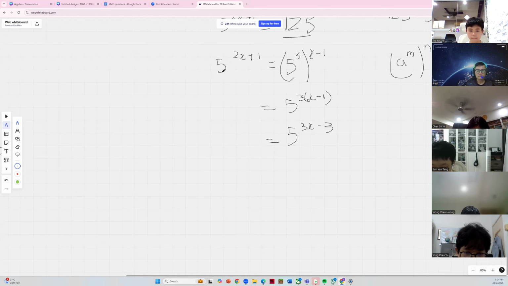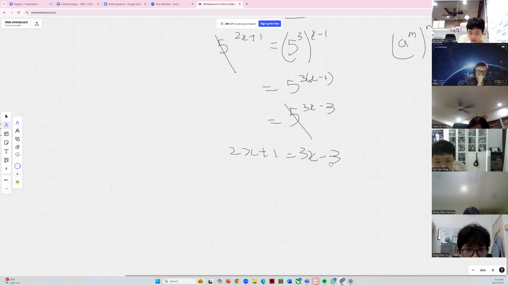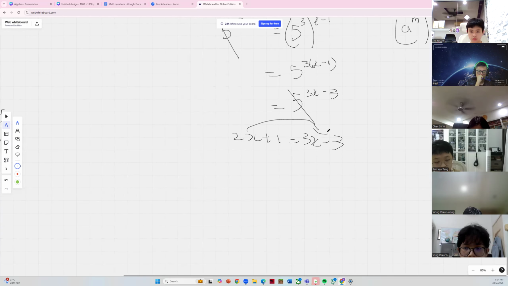So since now the base number is the same, we can cut off the 5. So it will become 2x plus 1 equals 3x minus 3. So we move the 2x here and the negative 3 here. So it becomes 1 plus 3 equals 3x minus 2x. So x equals 4.